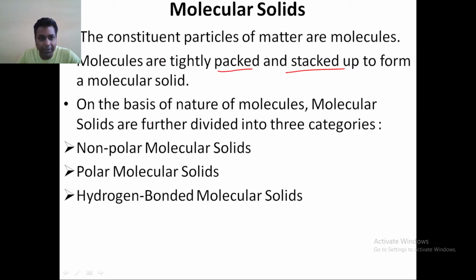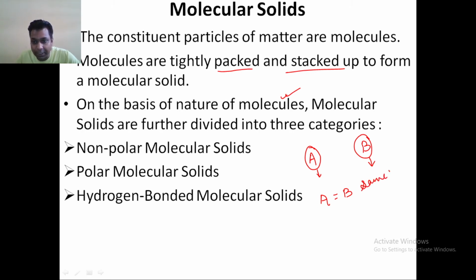Now, on the basis of the nature of the molecules, for example, if you have molecule A and another molecule B, you can again classify. It may be possible that A and B are the same. Are you getting my point? A and B may be the same type, or A is not equal to B, meaning they are different types.